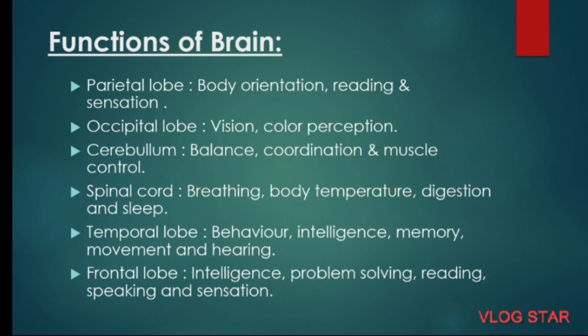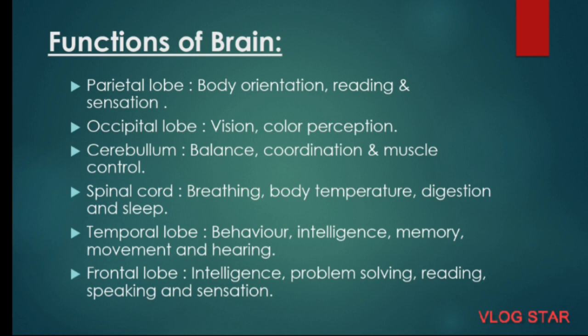Next, about the temporal lobe: your behavior, intelligence, memory, movement, and hearing. All these functions are carried out by the temporal lobe. Then about the frontal lobe: intelligence and problem solving, reading, speaking, language, and sensation. All these functions are carried out by the frontal lobe.